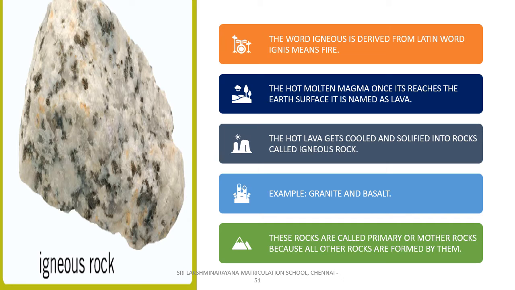When the magma reaches the earth's surface through volcanoes, it is referred to as lava. The lava on the surface cools down and solidifies as rocks called igneous rocks. Granite and basalt are examples of such rocks. Igneous rocks are also called primary or mother rocks because all other rocks are directly or indirectly formed from them.